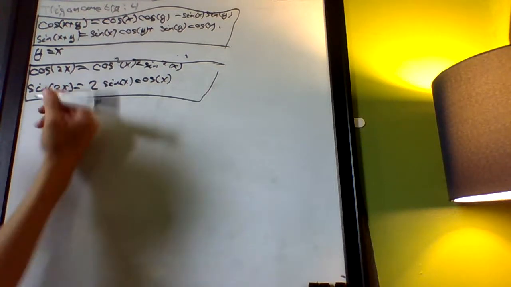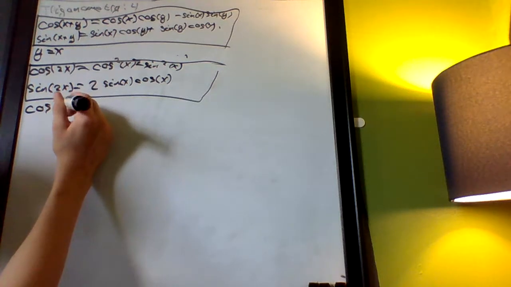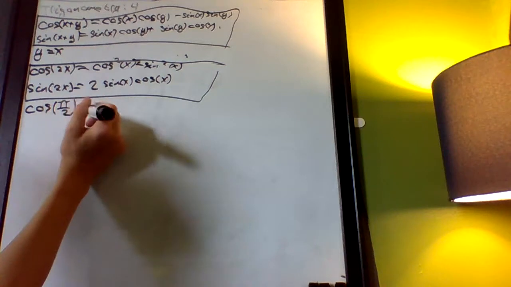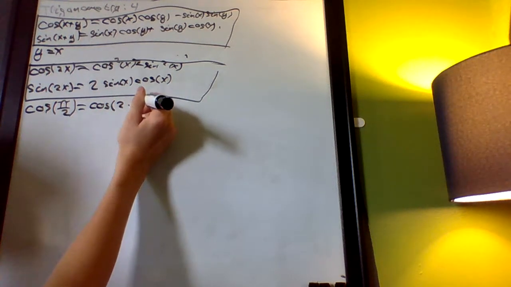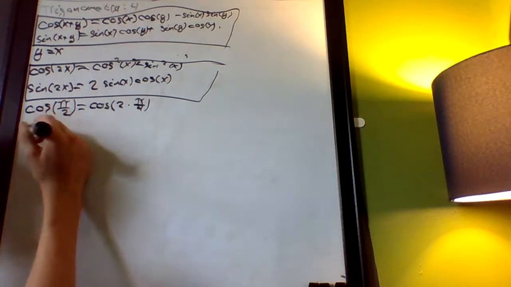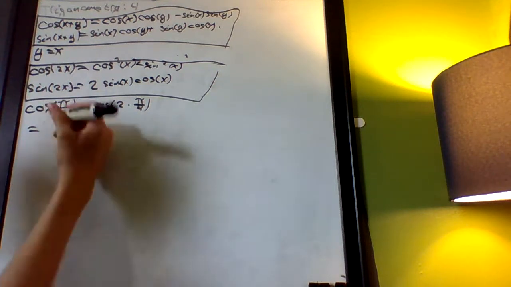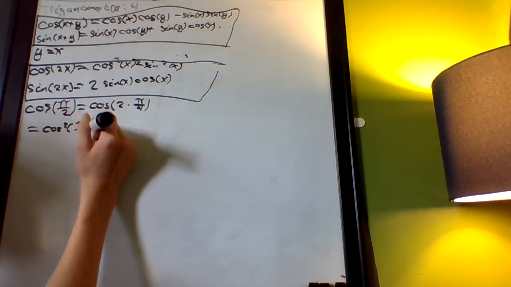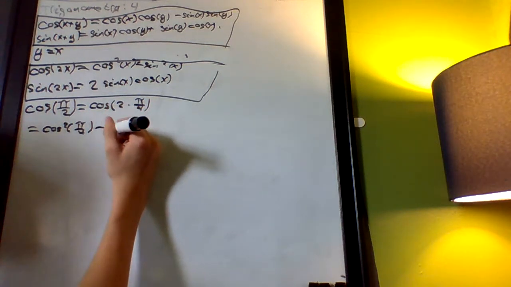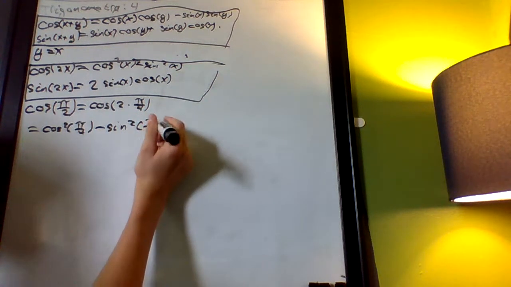So let's do examples. Cosine of pi on 2 has to be the same thing as the cosine of 2 times pi on 4, doesn't it? So let's plug it into this equation. We get cosine squared of pi on 4 minus sine squared of pi on 4, right?